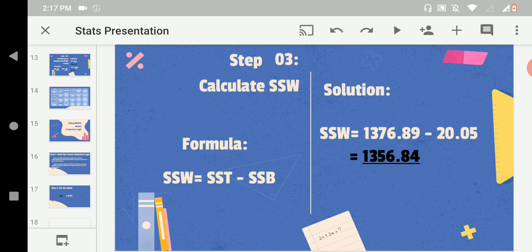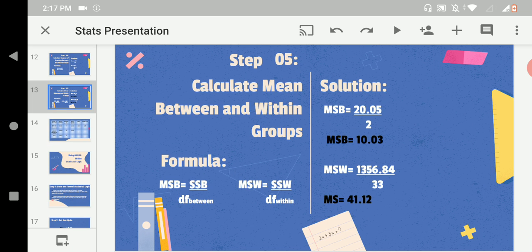MSB, the mean of squares between groups, is equal to SSB over DF, the degrees of freedom between. For our MSW, or the mean of squares within groups, MSW is equal to SSW over DF within.